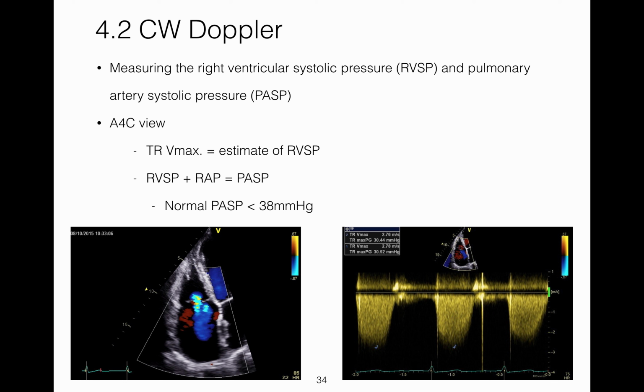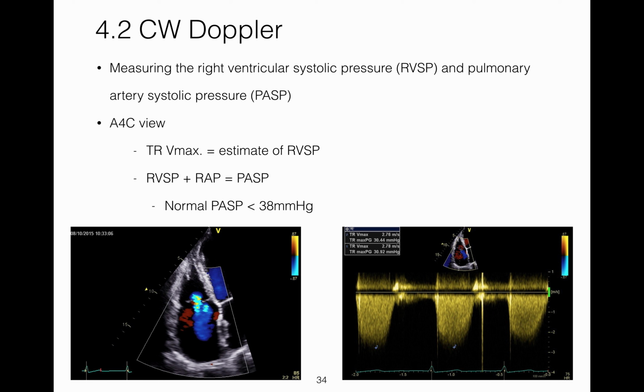The pressure most commonly estimated with continuous wave Doppler is pulmonary artery systolic pressure. To do so, from an apical four-chamber view, the right ventricular systolic pressure is measured by using a continuous wave Doppler beam to sample the peak tricuspid regurgitant signal.